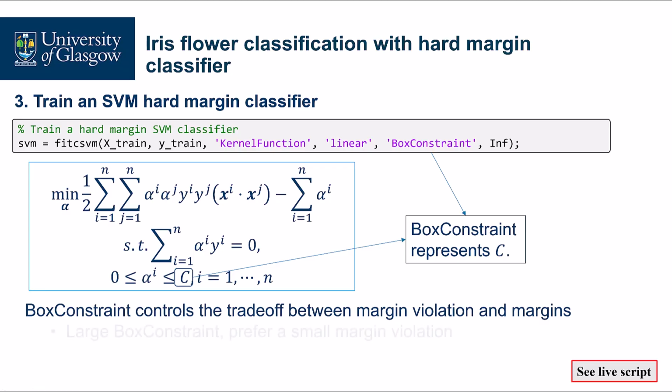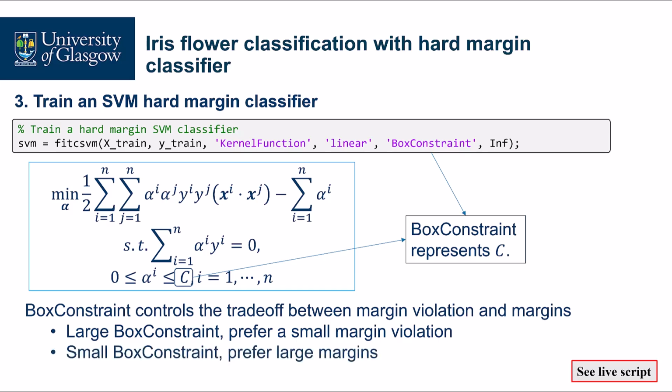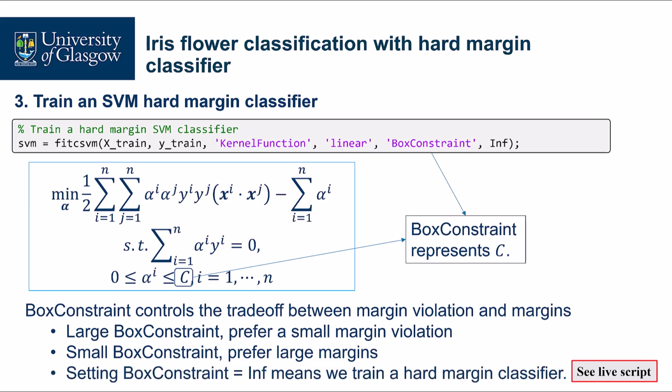If we use a large C, we prefer a small margin violation, so more accurate classification, but the generality is smaller. If we use a small box constraint, then the margins are large and there is more generality. So when the box constraint is infinity here, this becomes a hard margin classifier.